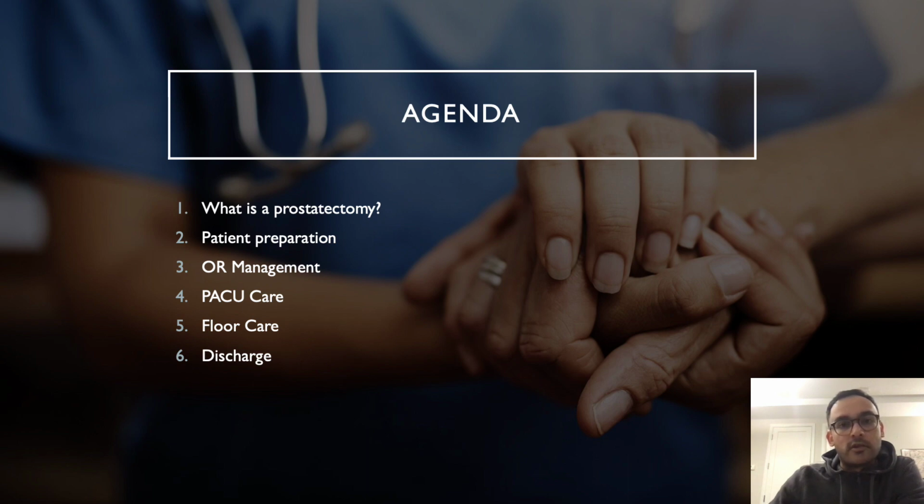Then the OR management piece: when they're actually in the operating room, what anesthetic considerations we have to take into account, what sort of procedure we're actually doing and what steps this involves. So I'll go over what the procedure is briefly. Then once we're done the procedure, PACU care, transitioning from PACU to the floor, and ultimately when they're discharged home from the hospital.